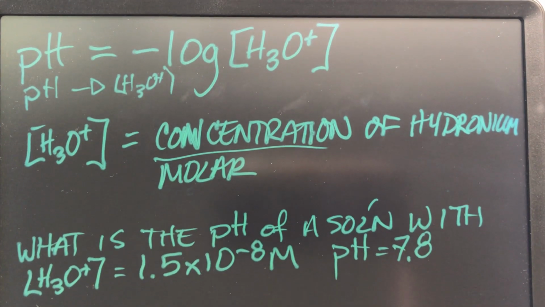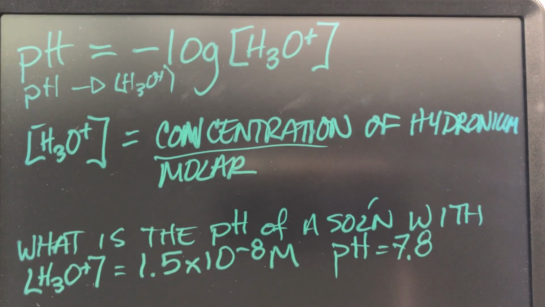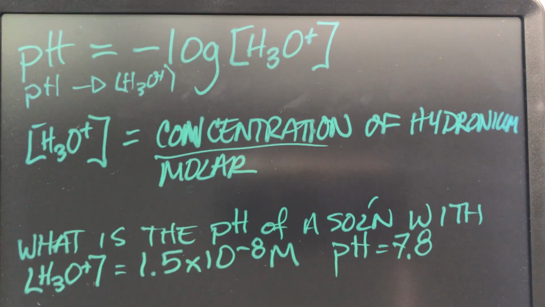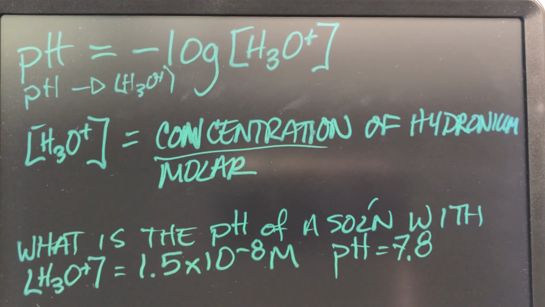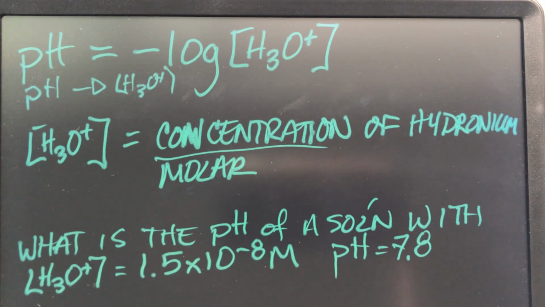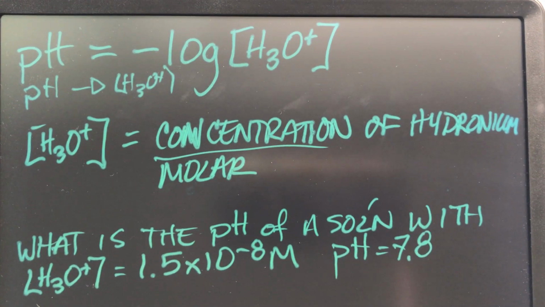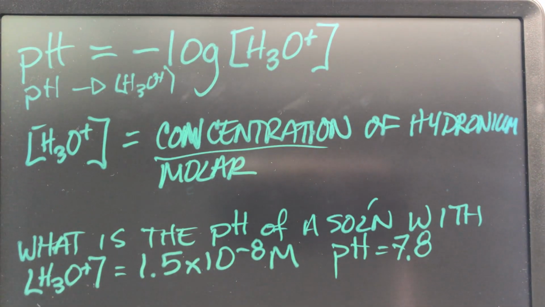But Alex, that might be a rounding thing in your calculator. That's a little weird. Did you put in 1.5 times 10 to the negative 8th?